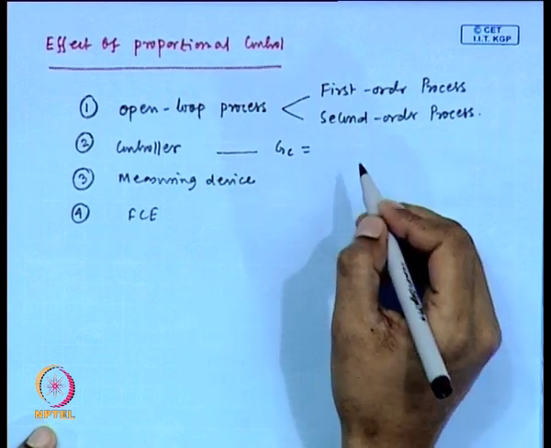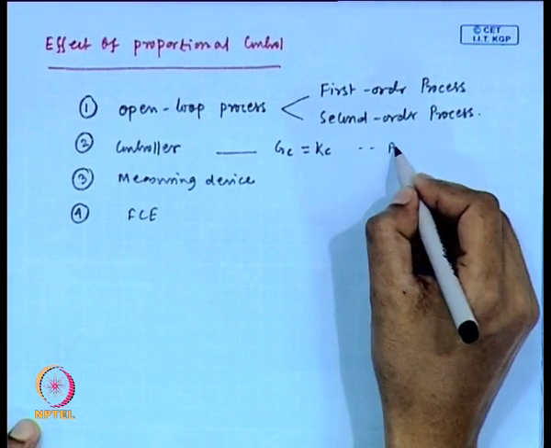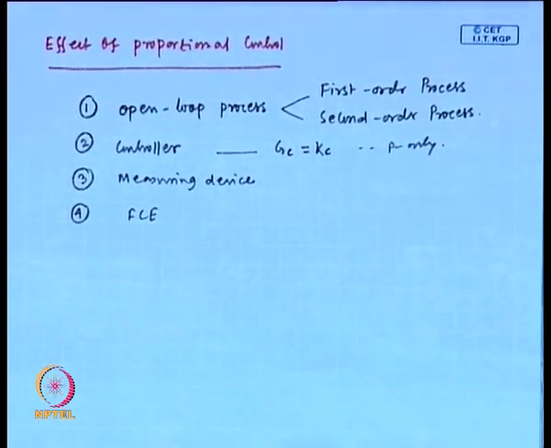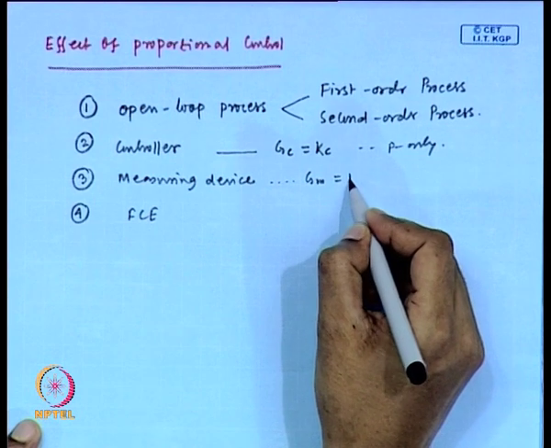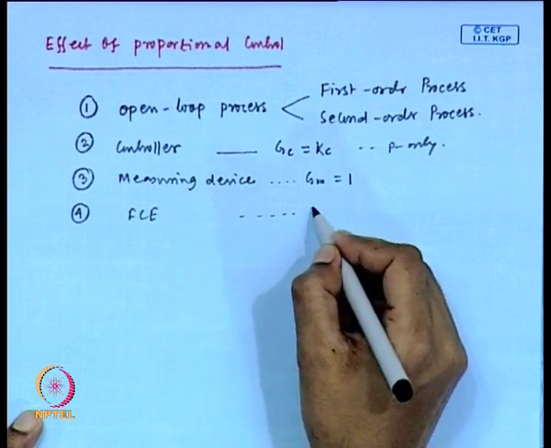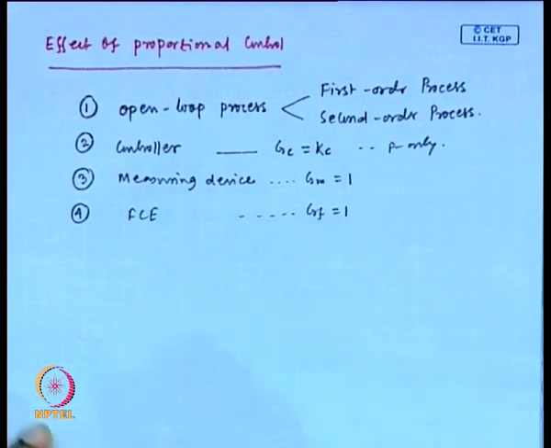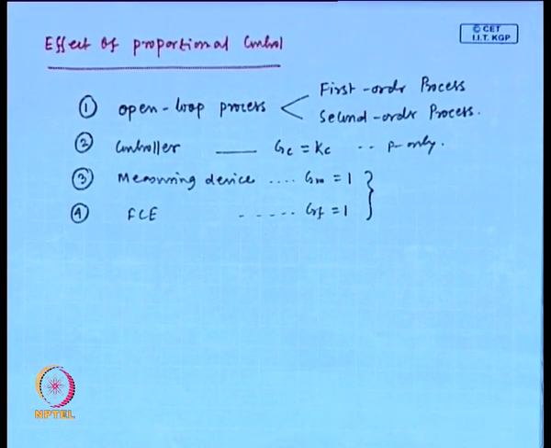For P only controller, the transfer function is G C equals K C. For measuring device, we will consider G M equals 1, and for final control element, we will consider G F equals 1. So, for simplicity, we are assuming the transfer function of measuring device and final control element both are 1.